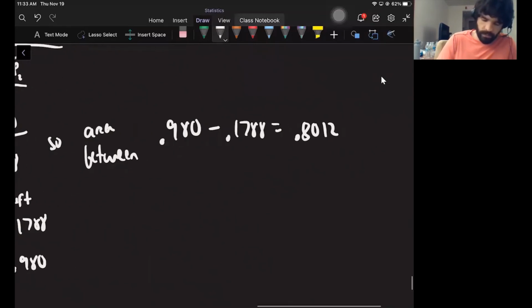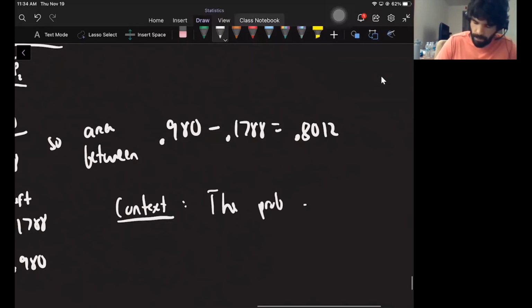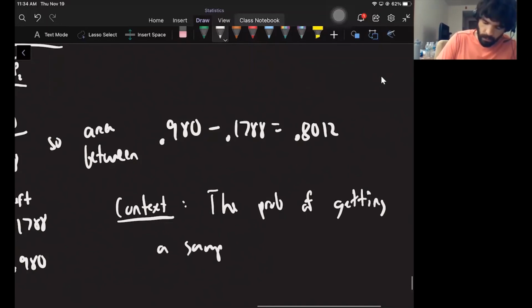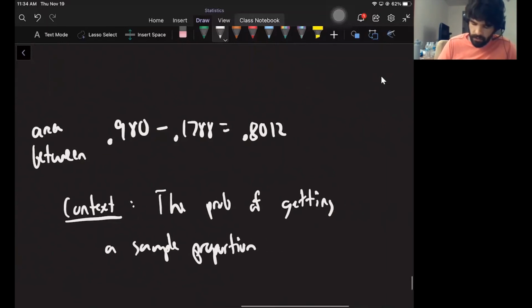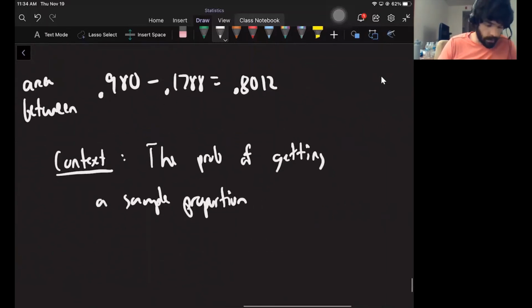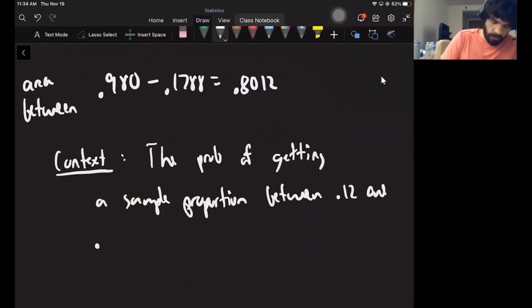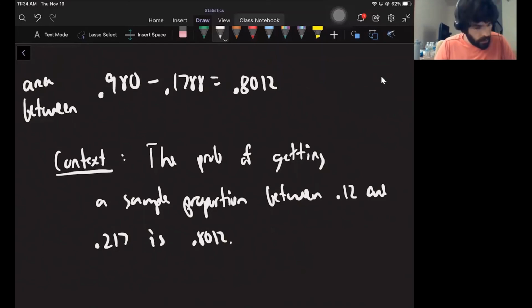So the answer is that the probability of getting a sample proportion, we're still working with a sample size of 120 because that didn't change during this whole problem, between 0.12 and 0.217 is 0.8012.